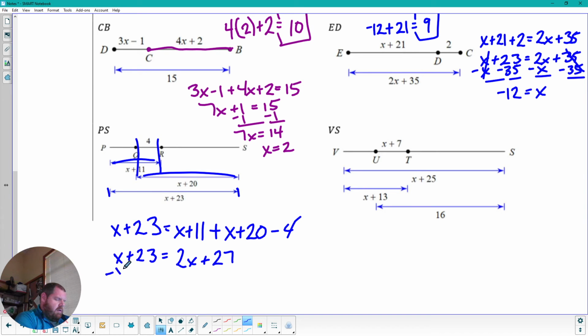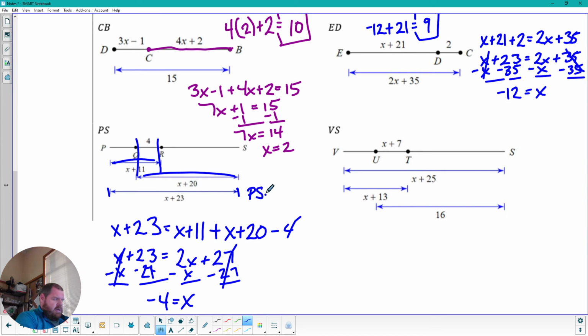I'll go ahead and do the same thing as before. I'll subtract x from both sides and subtract 27 from both sides. It's kind of hard to read, but that's okay. Those cancel. 23 minus 27 is negative 4. And so x is equal to negative 4, which might be concerning, but when I plug it in, I think everything's going to work out.